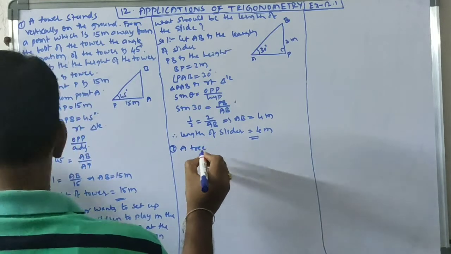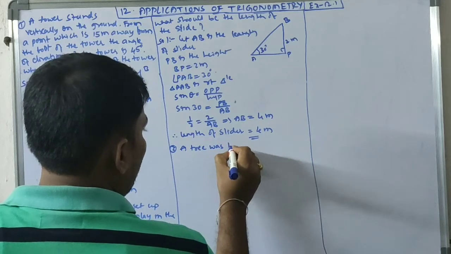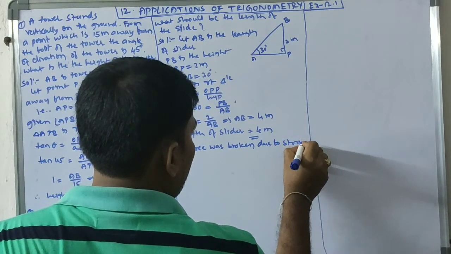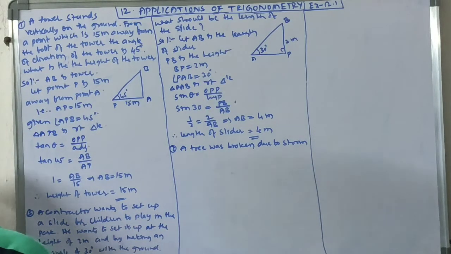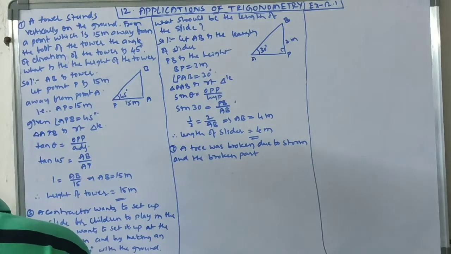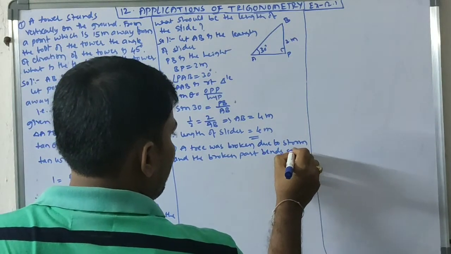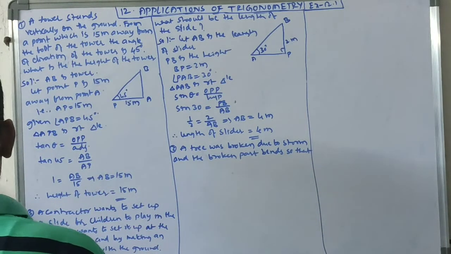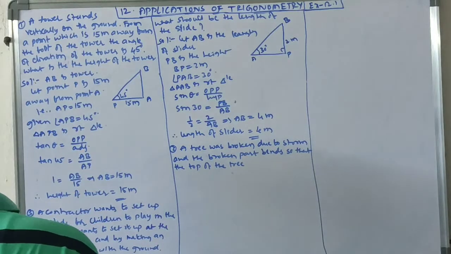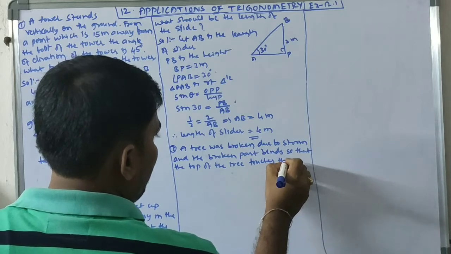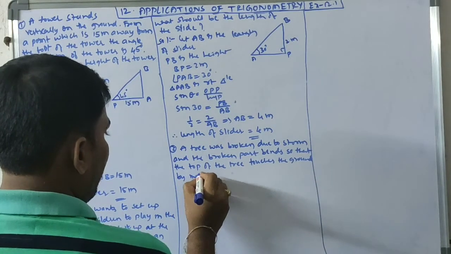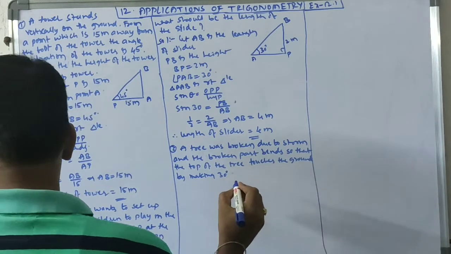A tree was broken due to storm, and the broken part bends so that the top of the tree touches the ground by making 30 degrees angle with the ground.